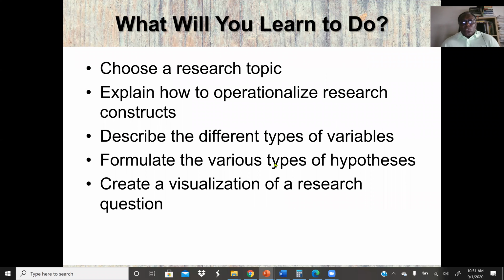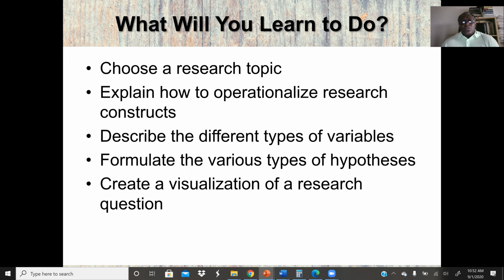In unit 1 or chapter 1, we discussed what research is, the different types of research, the purpose of doing research, etc. Now, one of the first steps in research is formulating your question, and I would say that is one of the hardest stages in the research process.